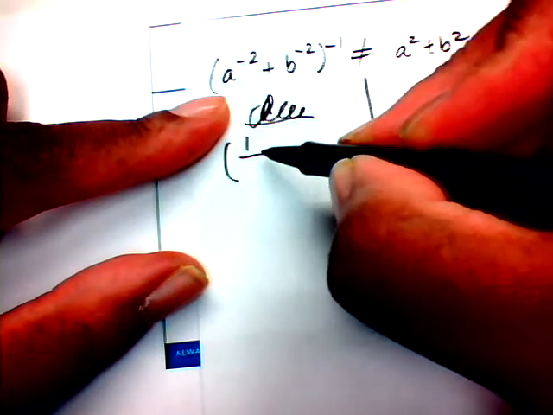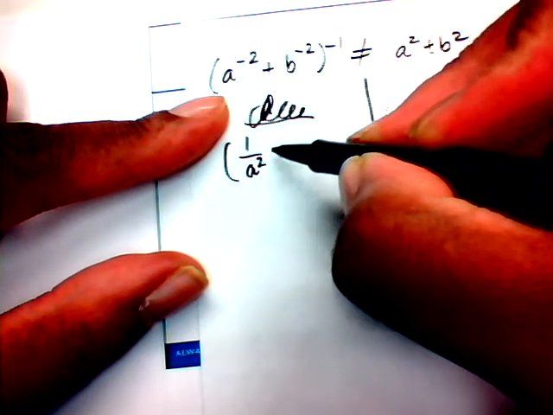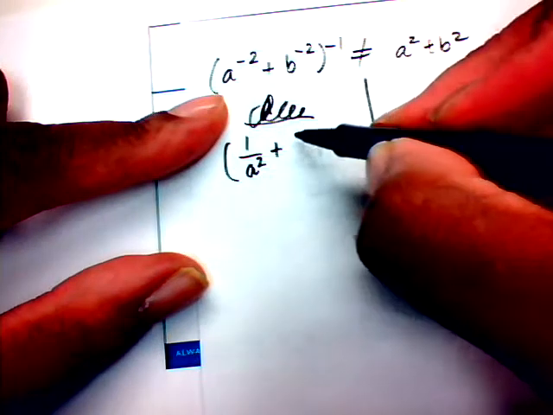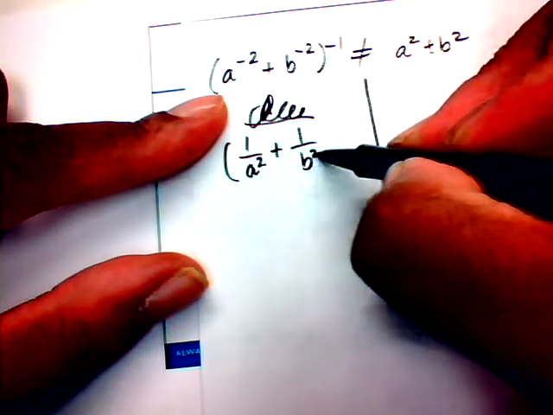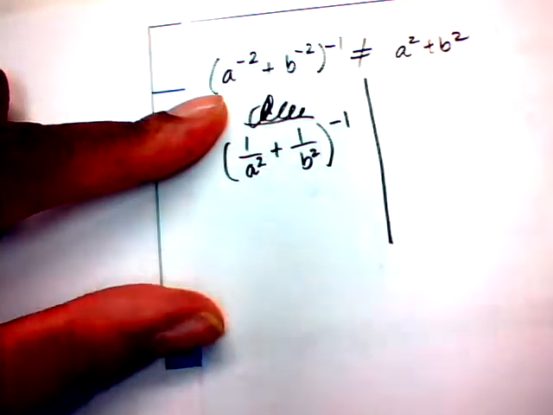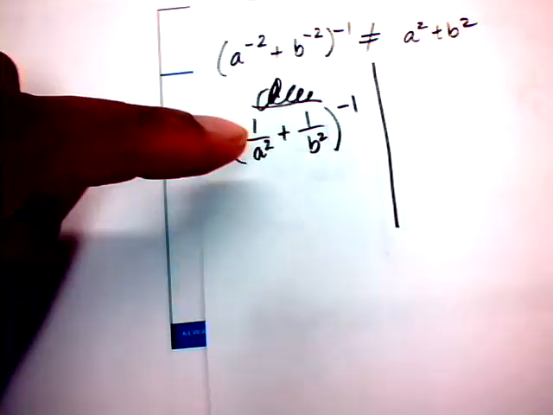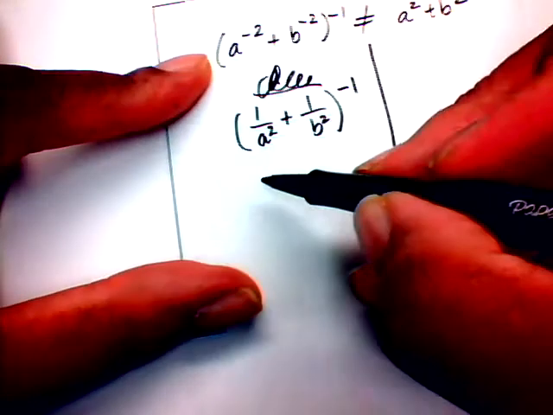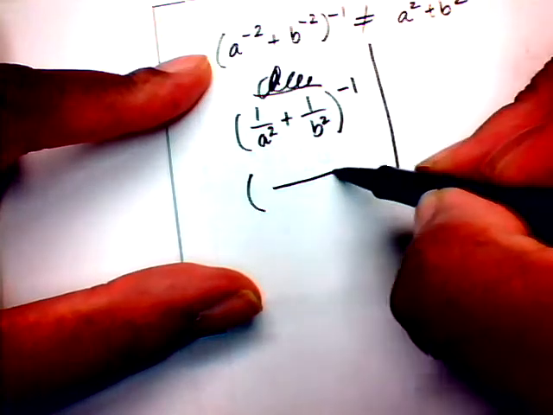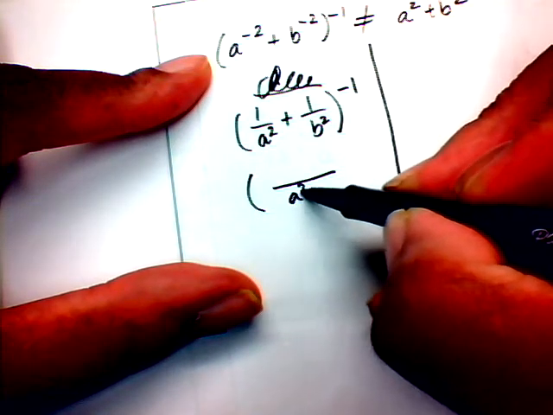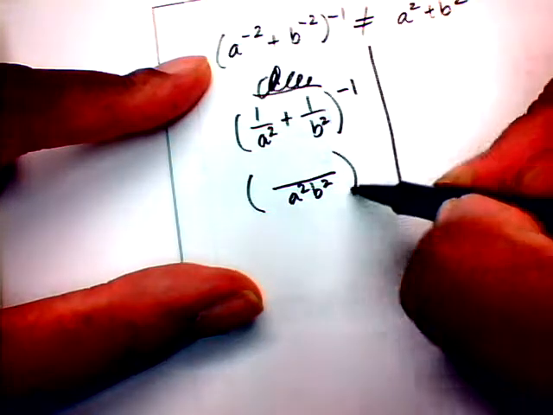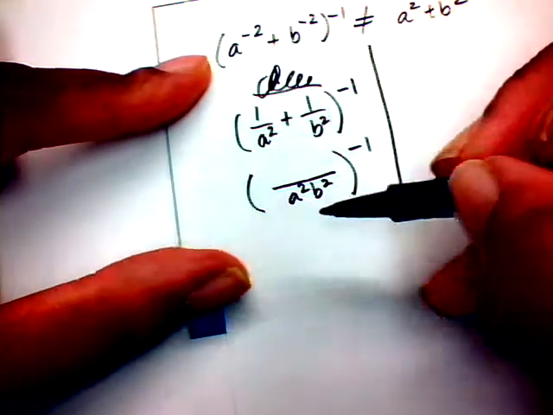Rewrite that a to the negative 2 is 1 over a squared, plus b to the negative 2 will be 1 over b squared. Then that's raised to the negative 1. Now here, I'm going to add these two by finding a common denominator, which will be a squared b squared. All this to the negative 1.